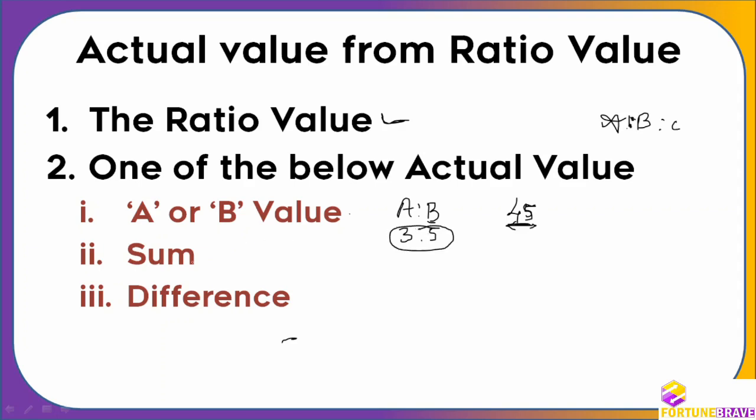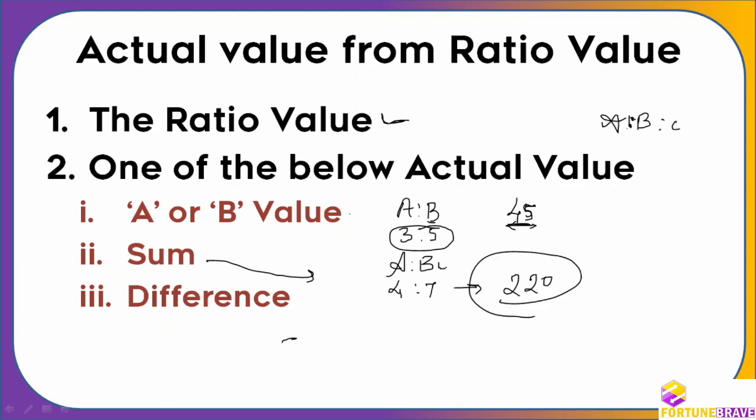Okay, and then they can give the sum. Say for example, there is another factory called A factory and B factory, and they are in the ratio 4 is to 7. Now the number of employees is 4 is to 7, and the total number of employees is say for example 220. Total number of A and B both.